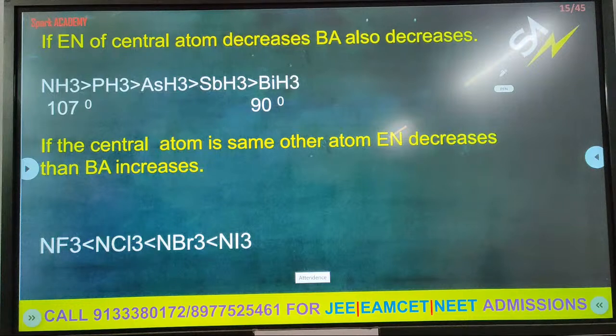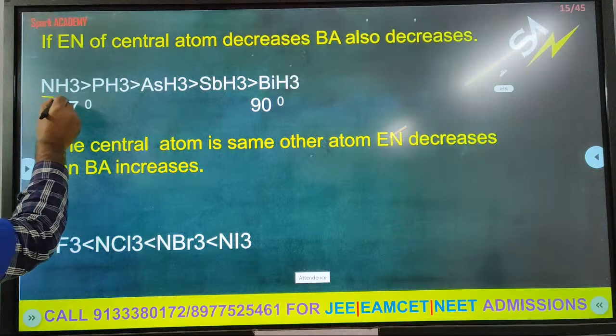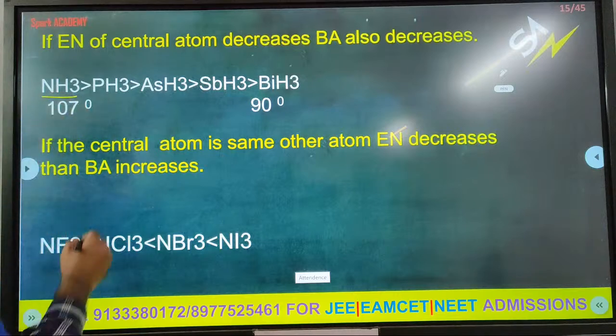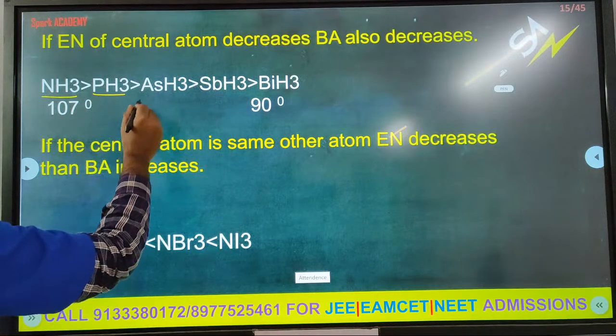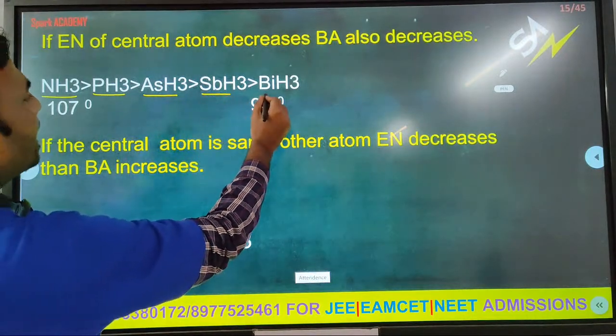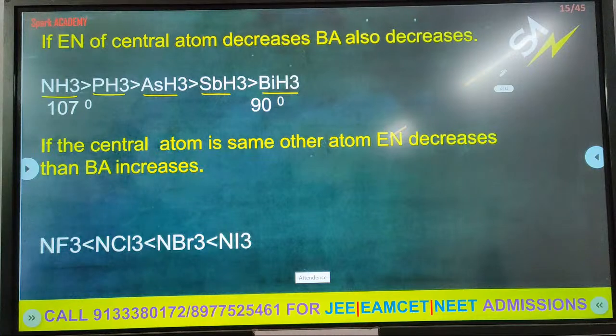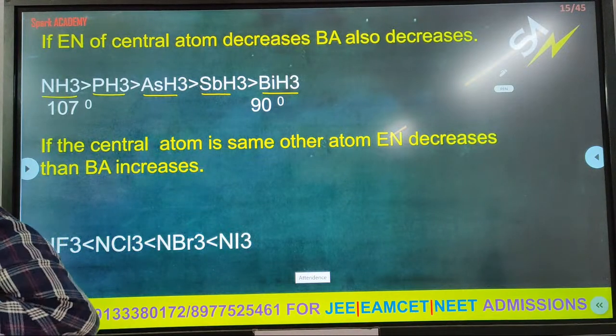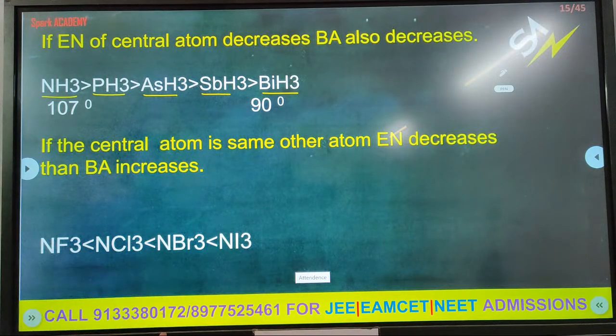Now the next statement regarding the bond angle. If the electronegativity of the central atom decreases, the bond angle also decreases. Example: ammonia NH3, PH3, arsenic hydride, antimony hydride, bismuth hydride. These are the hydrides of 15th group elements: nitrogen, phosphorus, arsenic, antimony, bismuth.